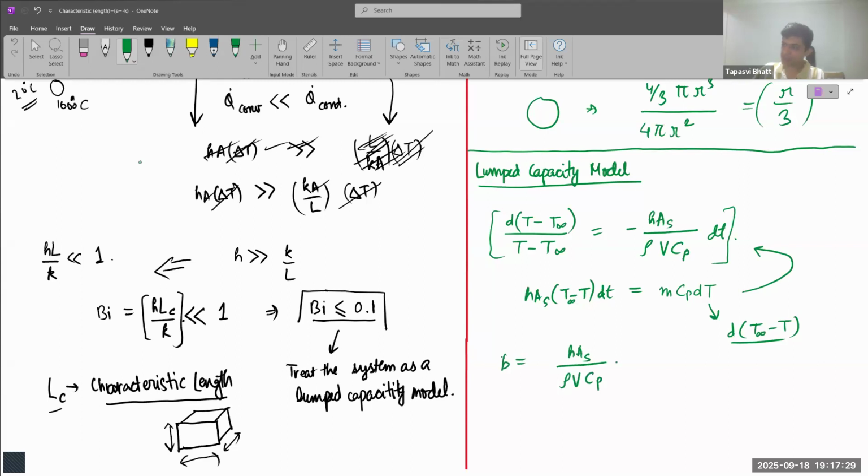If we define a constant b like this, the equation which we are going to get is ln of T at any time t minus T infinity over T initial minus T infinity is equal to minus h AS over rho V Cp times t.